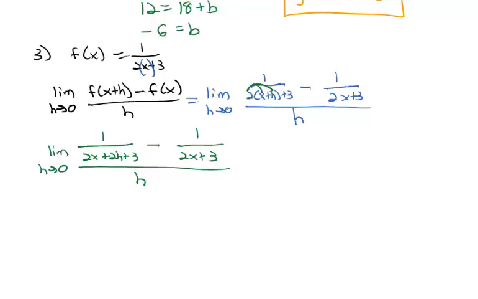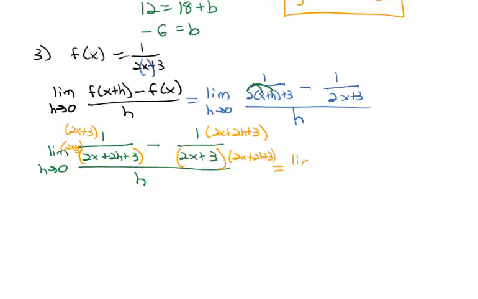To subtract the fractions in the numerator, we need to have a common denominator. So let's do that. There's not going to be much we can do with the denominators other than keeping them like they are. So the first one we're going to multiply by 2x plus 3. And the second one we're going to multiply by 2x plus 2h plus 3, top and bottom. That'll give us a common denominator.